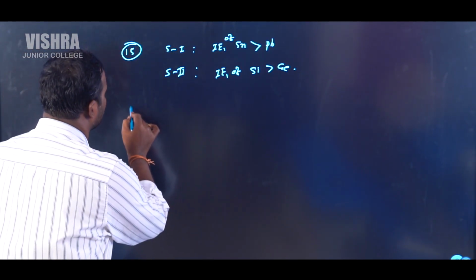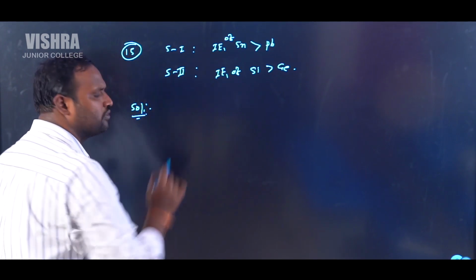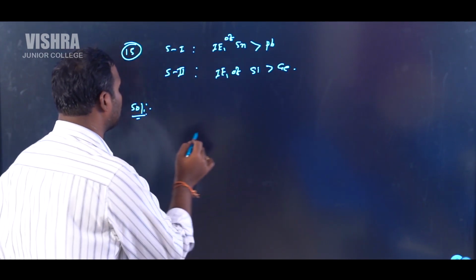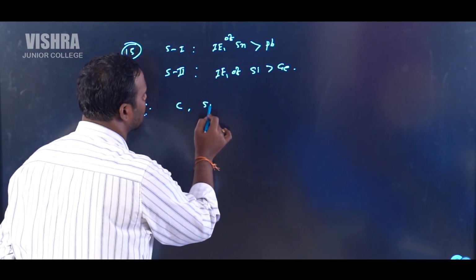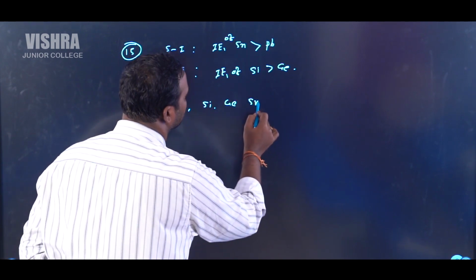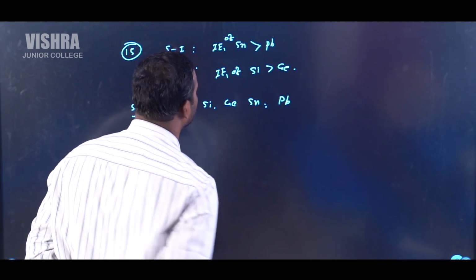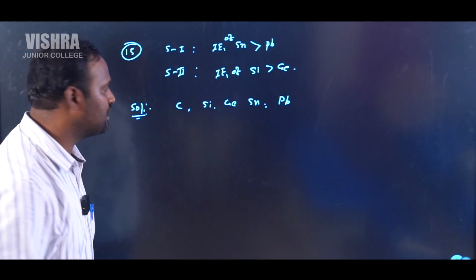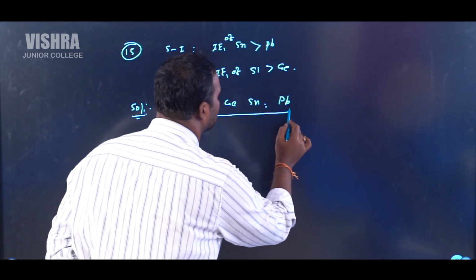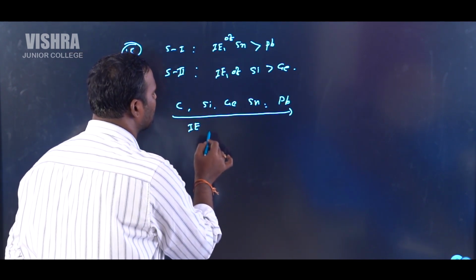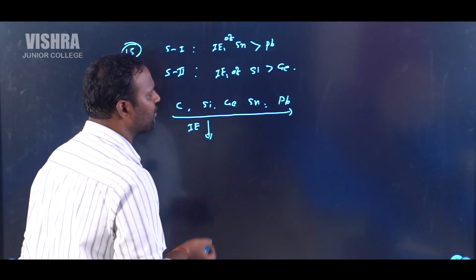Already we know the IE values of fourth group elements. Fourth group contains carbon, silicon, germanium, tin, lead. So what is the order of IE of fourth group elements? From carbon to lead, generally IE value decreases, but one exception is there.